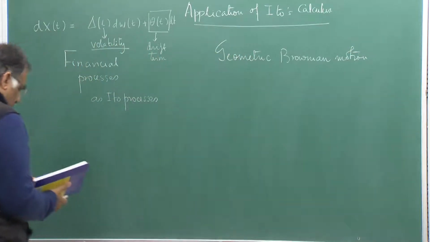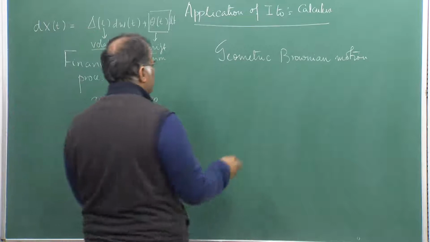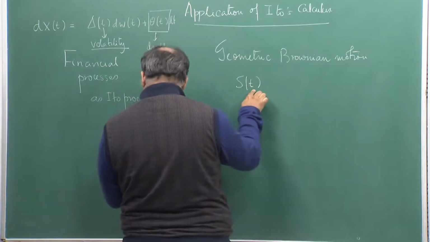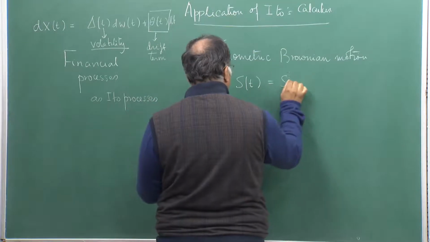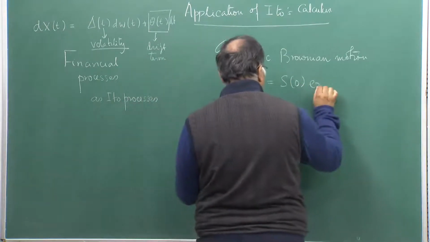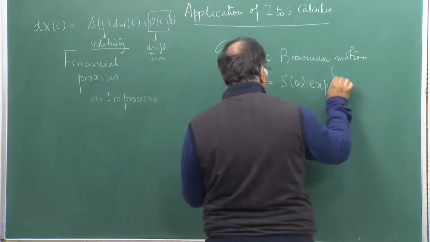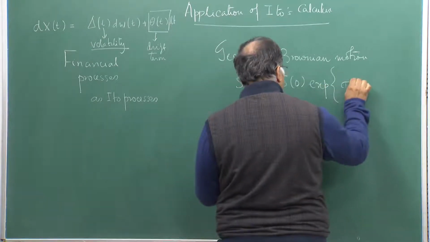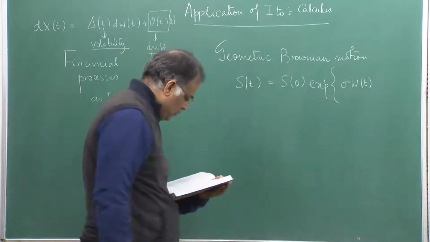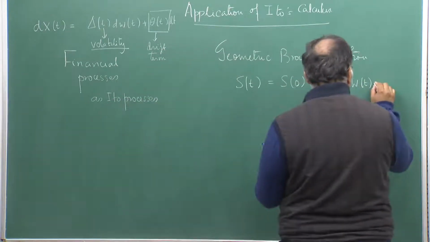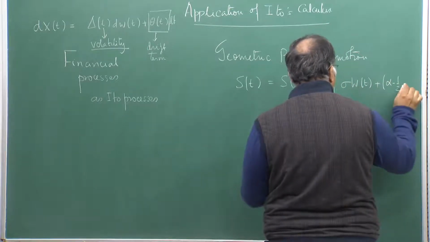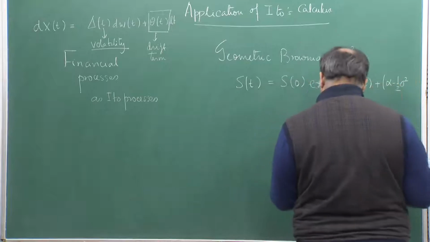So, geometric Brownian motion is described as follows. Basically, the stock price at time t is the stock price at time 0, which is non-random, which is fixed, which you know because you are at time 0, times e to the power of something. Of course, the Brownian motion captures the randomness.